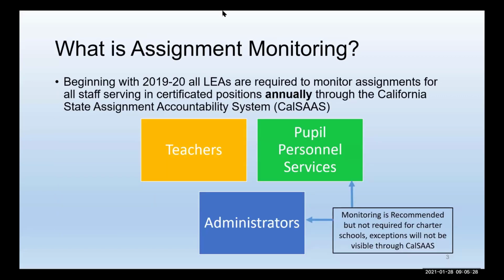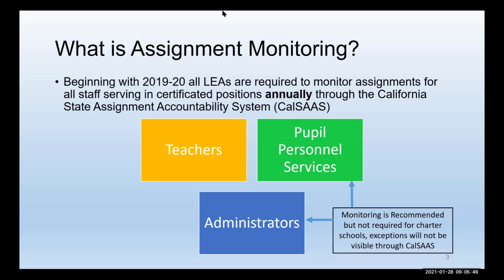All right, so what is assignment monitoring? Beginning 2019-20, all local educational agencies are required to monitor assignments for all staff and certificated positions annually. This is different than you were doing before because every district was monitored about once every 4 years.